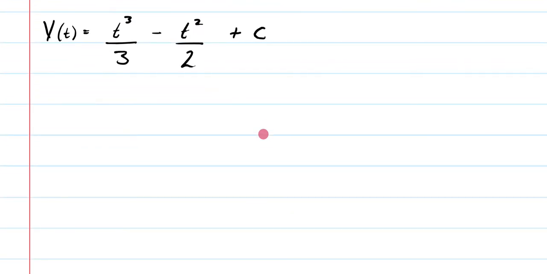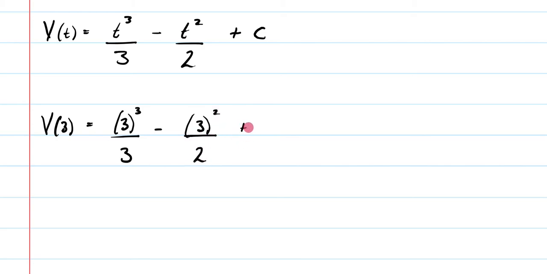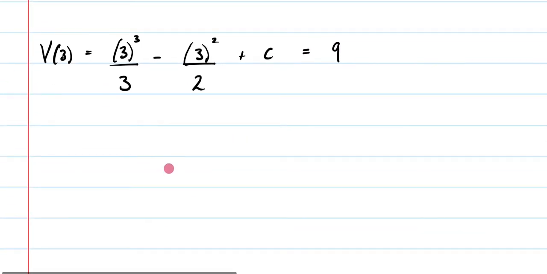Okay, so that means we're going to get v of 3, which is going to be equal to 3 cubed over 3 minus 3 squared over 2 plus c, and that is going to be equal to 9. Okay, let us do some solving.